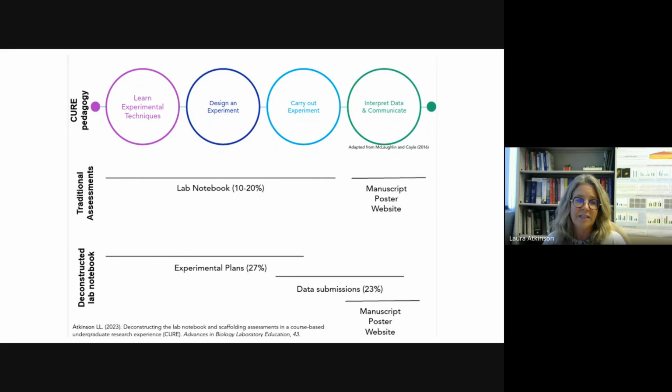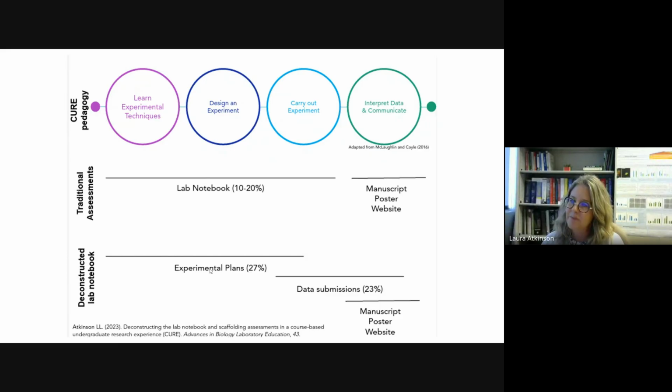In the deconstructed lab notebook, the experimental plans and the data submissions are about 50% of the grade. And that's really trying to give the students the impression that that process is important, and putting the grades to the fact that the process is as important or more important than the outcome.